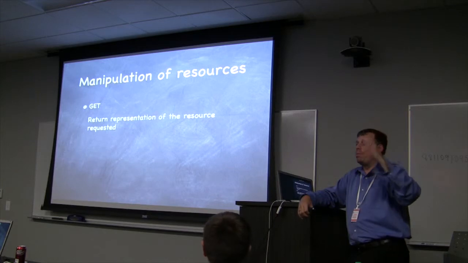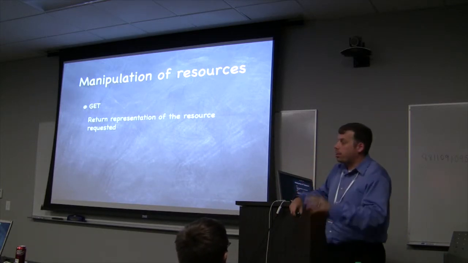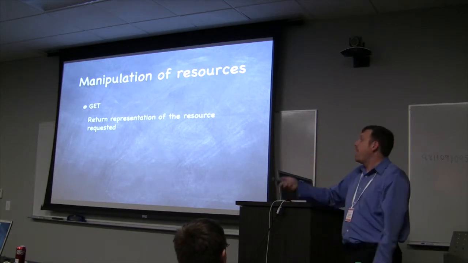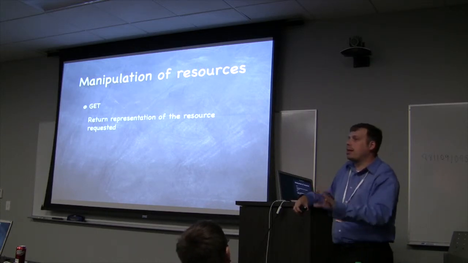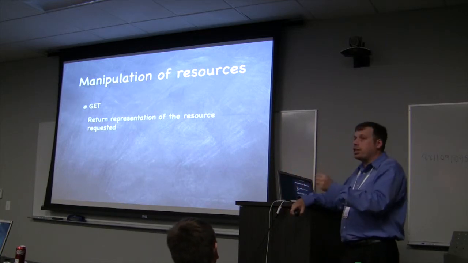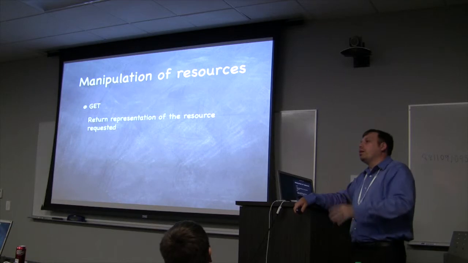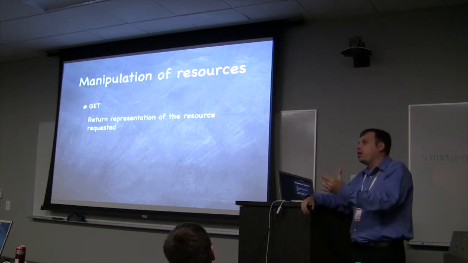Every time you go to a web page, if you type in a URL and hit enter, your browser is issuing a GET request. And it's doing exactly that. It's going to the server, and it's getting that information back. Now, it does not mean that that's a REST API. That just means that GET is used as an HTTP methodology to retrieve information from the server. There's a whole bunch more of these that we can do, and REST utilizes all of these for you to interact with your resources.